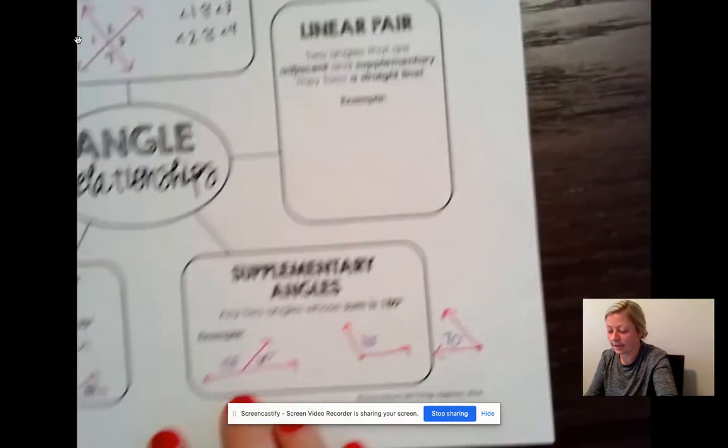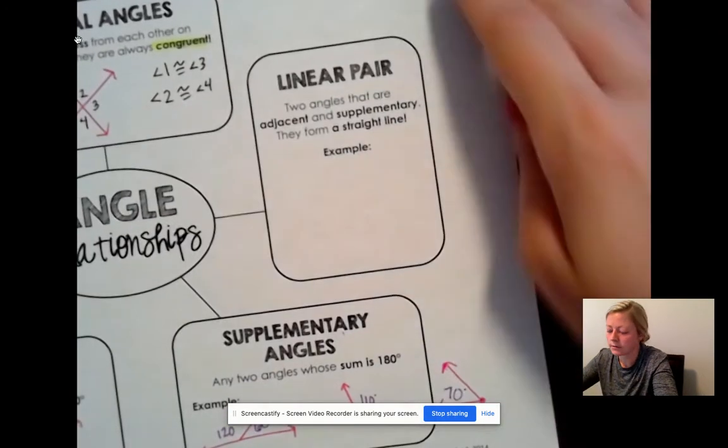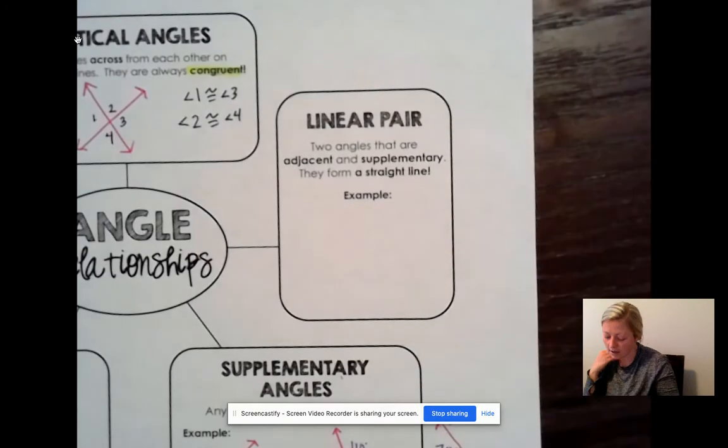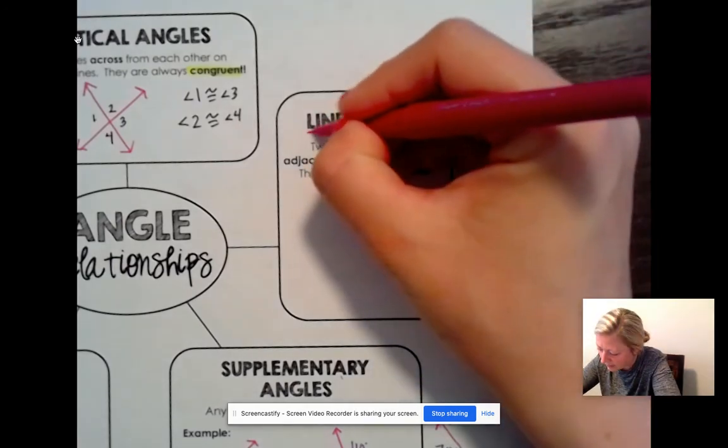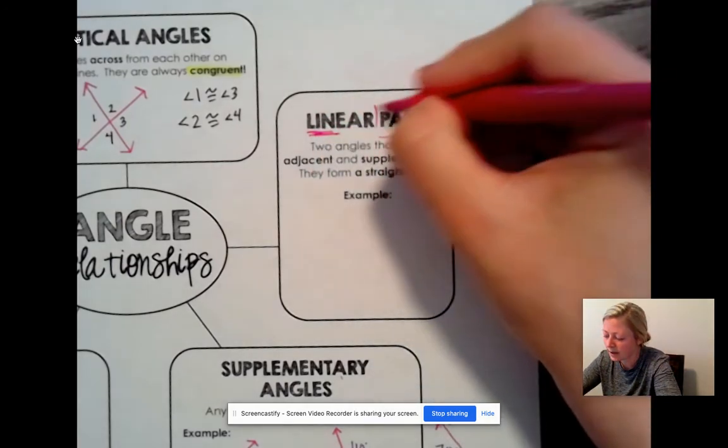And then our last little angle relationship here are linear pairs. So a linear pair are two angles that are adjacent and supplementary, and they form a straight line. So do you guys see how we have the word line in linear, and pair means two?